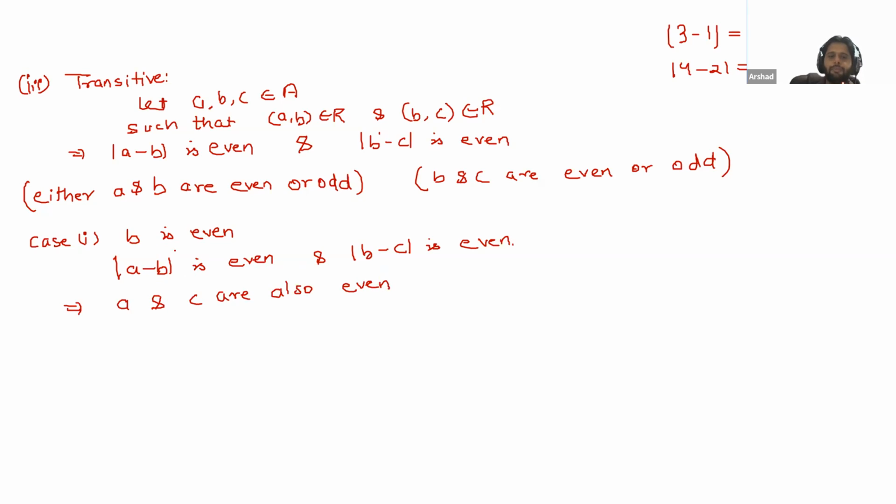Okay, this point is clear. We have assumed that B is even. Now, modulus of A minus B and B minus C is even. That's why we can say that A and C are also even. If they both are even, then A minus C is also even. Why is this even? We can write in the bracket: difference of two even numbers is even.